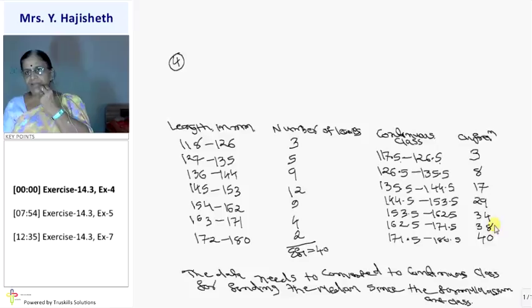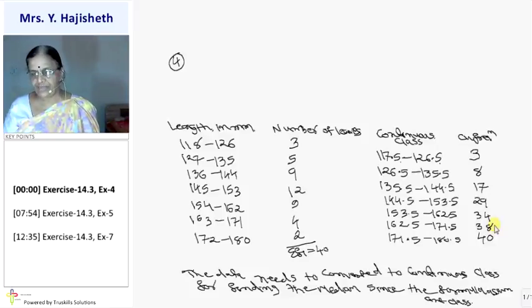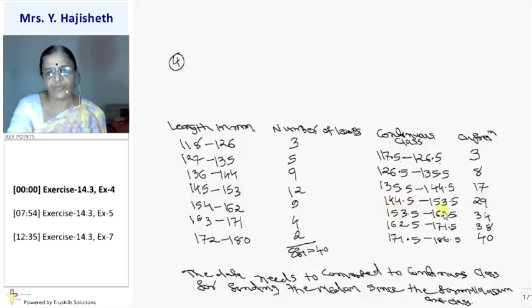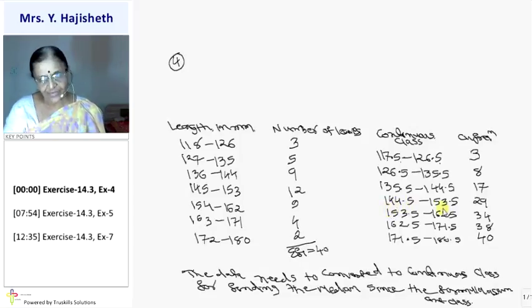So what is the median class? The median class is the class where the n by 2 observation lies. n by 2 means 20th observation, lying between 17 and 29, which means the fourth class, and the fourth class is 144.5 to 153.5. Okay, so I got my median class.